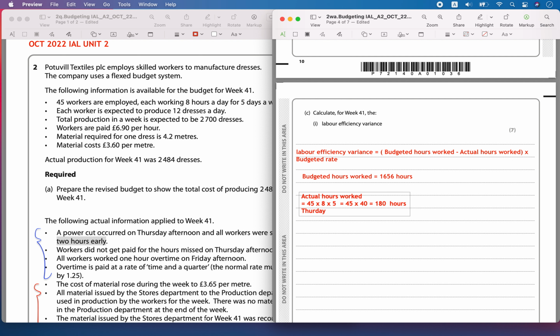So on Thursday afternoon they didn't work for 2 hours. 45 employees didn't work for 2 hours, so that is equal to 90 hours. I will have to subtract that.